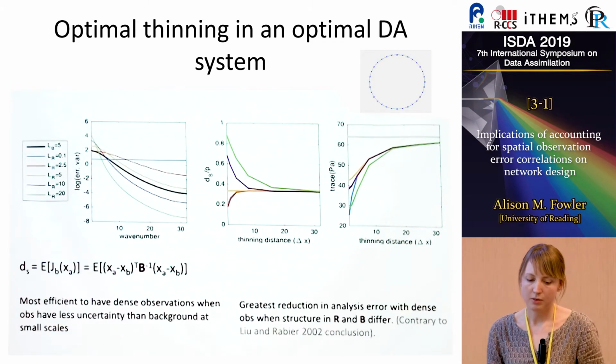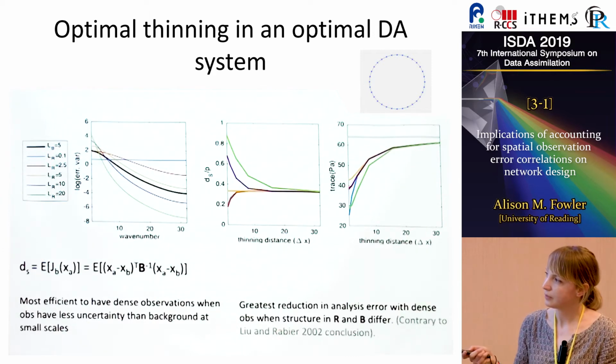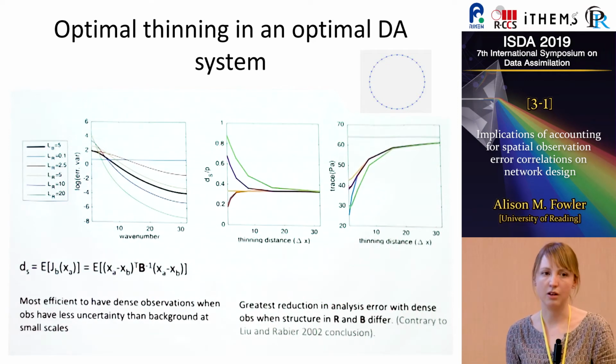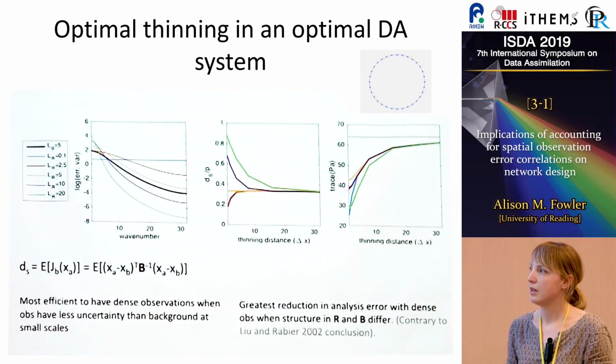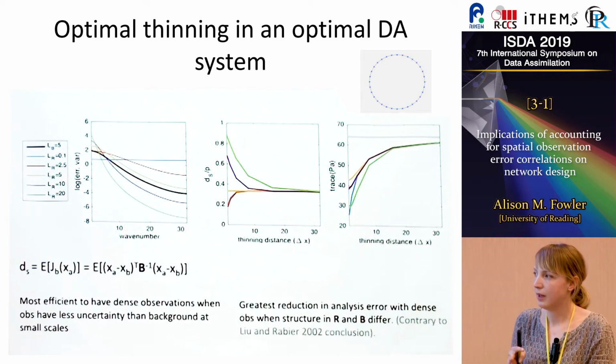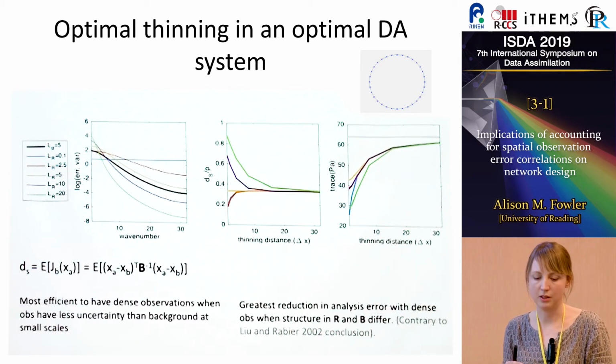So in terms of reducing the trace of the analysis error covariance matrix, we see there's the greatest benefit of having dense observations when the structure in the R and the B matrix differ. So effectively, we have more directions that we can explore in terms of reducing the analysis error.